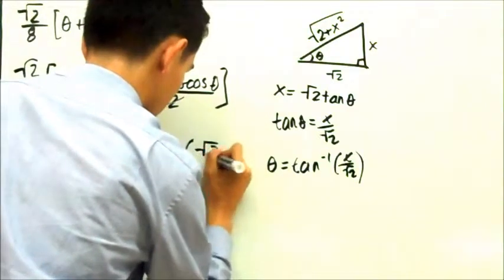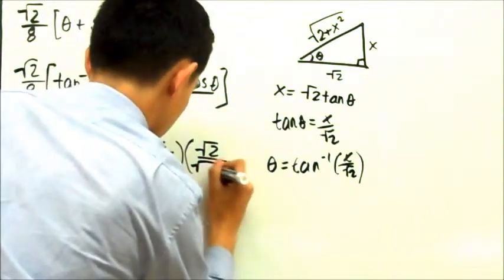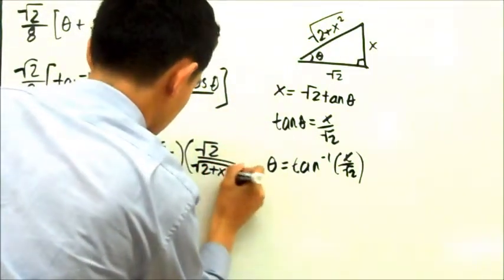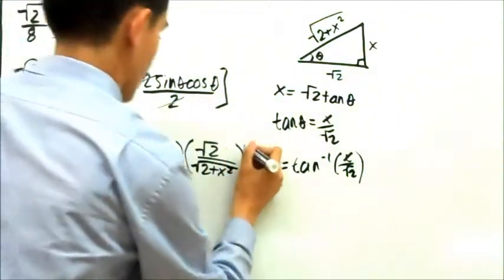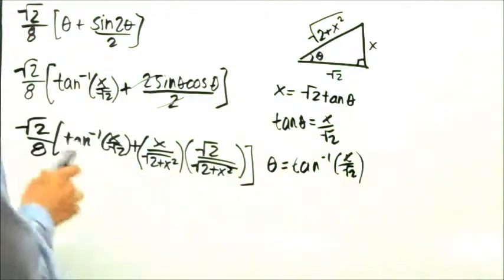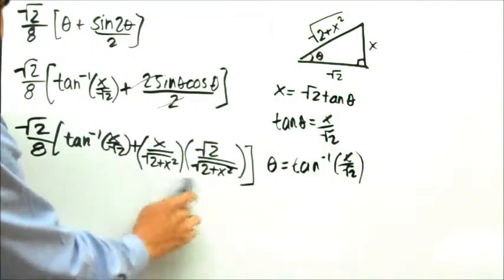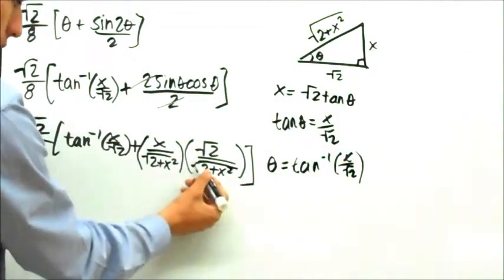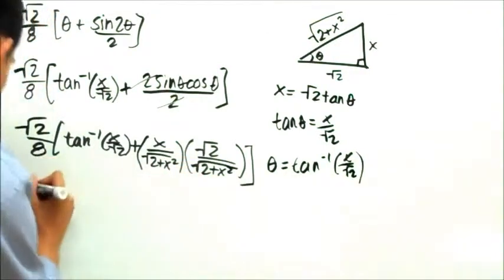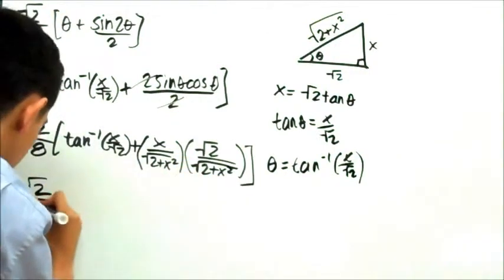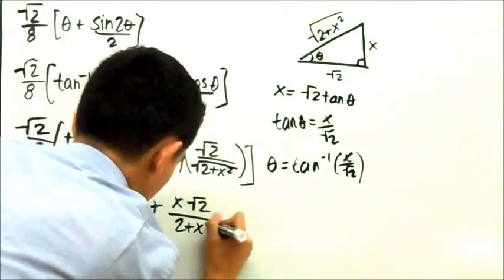So square root of 2 over square root of 2 plus x squared. And if we simplify this, the square roots cancel. Square root times square root is simply the inside. So we have square root of 2 over 8 x squared.